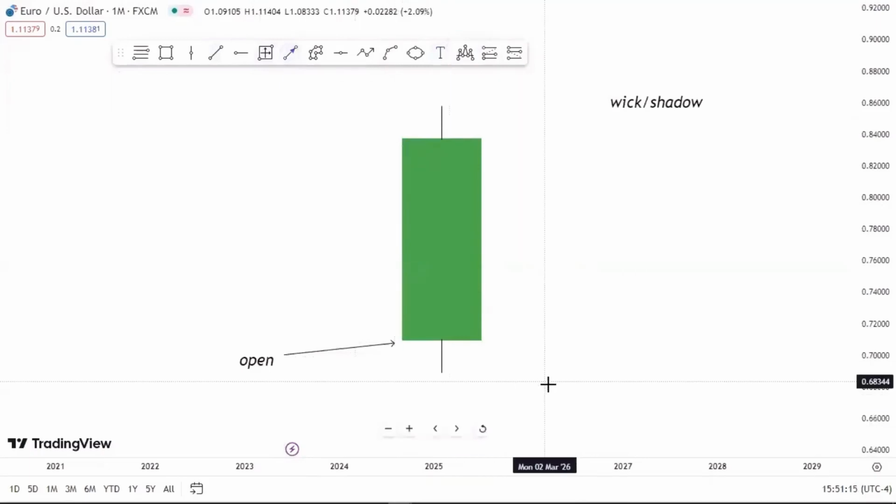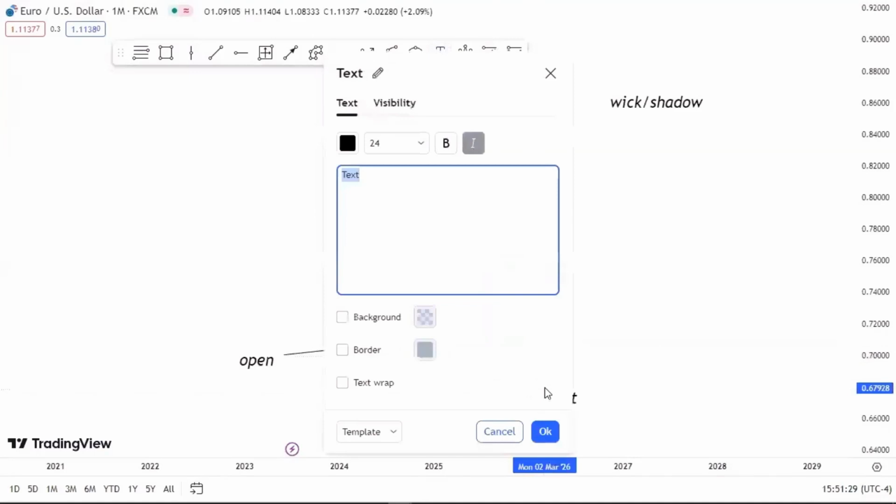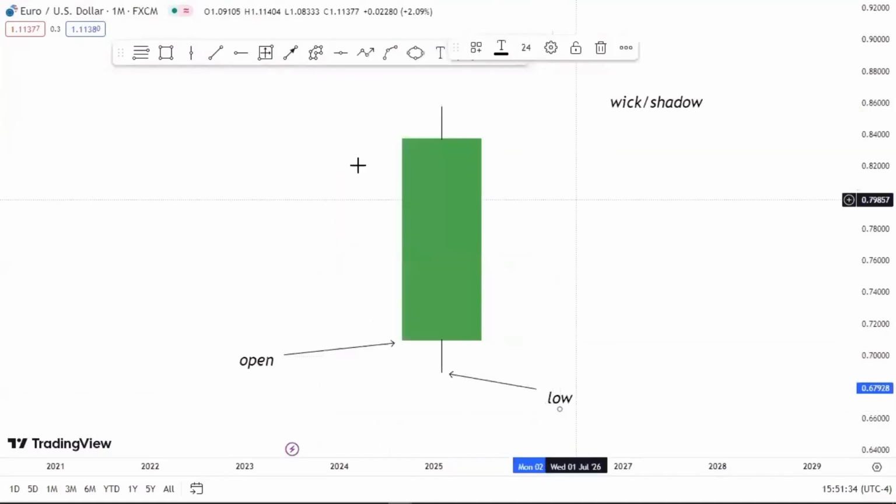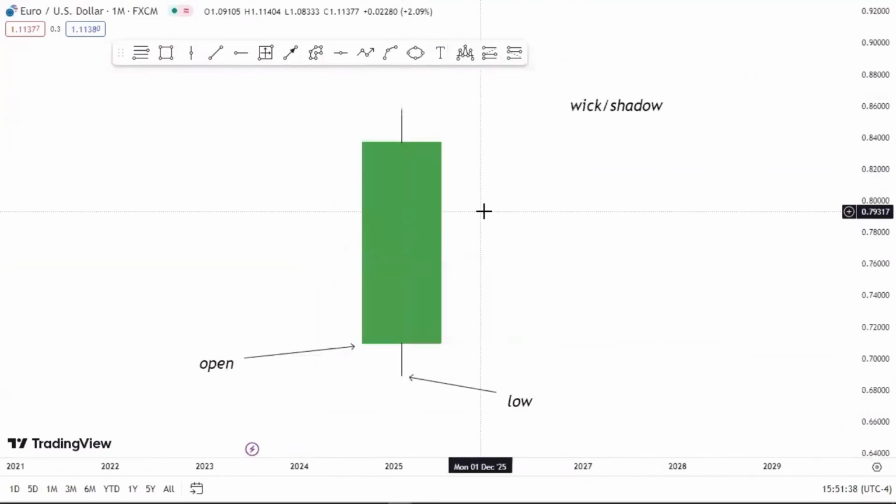Now, most of the time, when the bullish candlestick opens, it doesn't just go up. There are times when it goes up, but there are also a lot of times when it doesn't go up, but comes down first, to the low. The low is the lowest price the candlestick went within the time frame that the candlestick was formed.